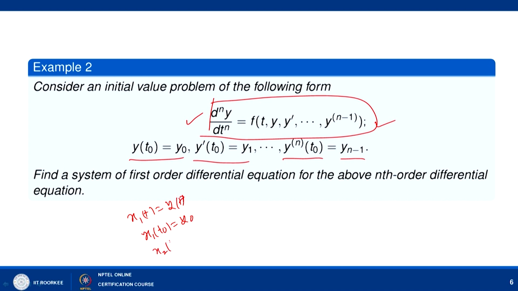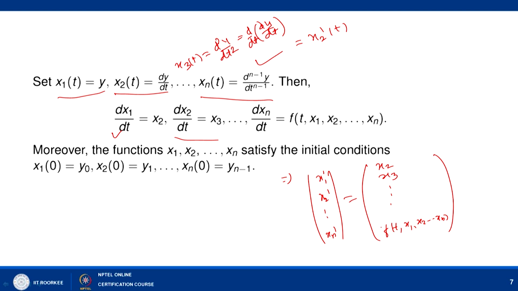Similarly, x2(t naught) equal to y1 and so on, xn(t naught) is given as y_(n-1). So, it means that along with the system of differential equations, we get our initial conditions as x1(t naught) equal to y naught, x2(t naught) equal to y1, and up to xn(t naught) equal to y_(n-1). So, this is the system of differential equations along with the initial conditions defined like this.